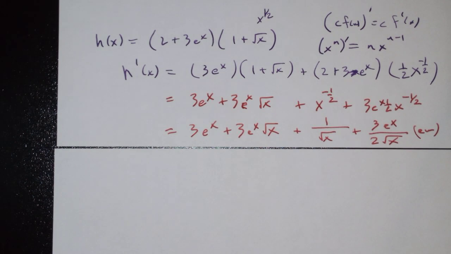A lot of functions that we deal with regularly involve products. One of the most common that I use almost all the time is the idea of a pendulum slowing down. You let go of a pendulum, what happens over time?